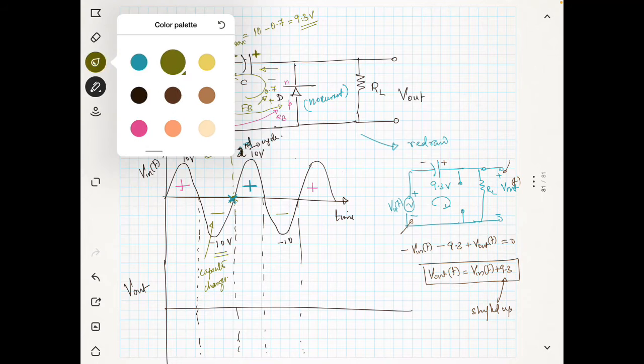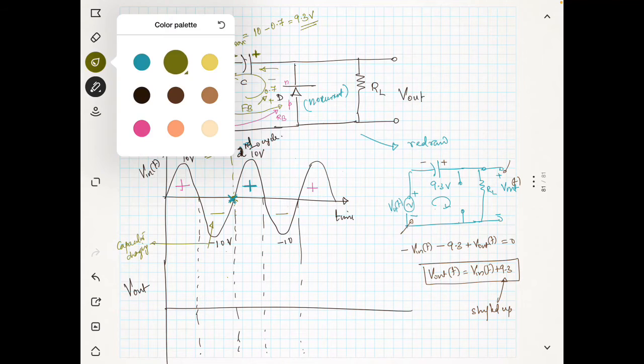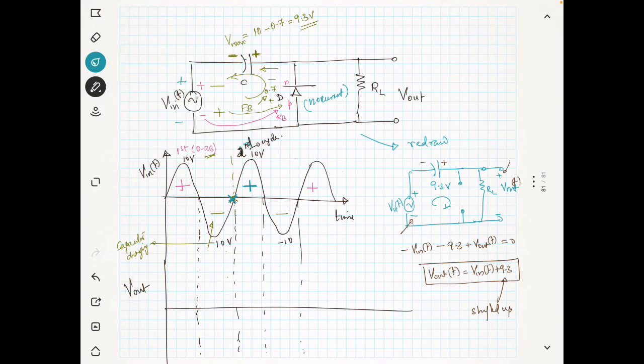There is some problem here, I have no space. So I will show this as the capacitor charging in the second cycle. Now this has been shifted to 9.3 volt, this level is 9.3 volt, and V in I will draw with the same shape.